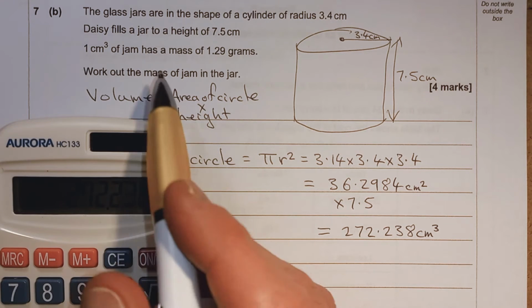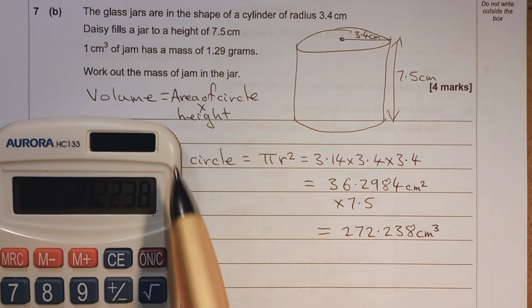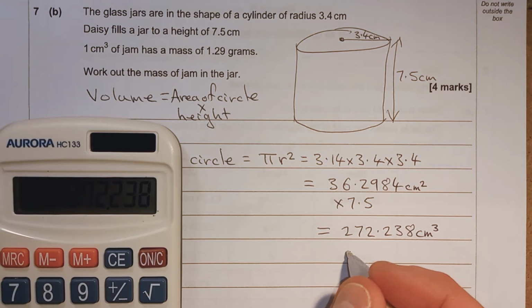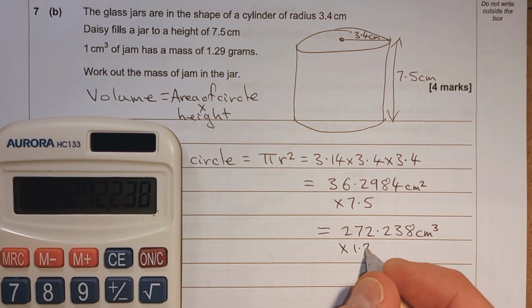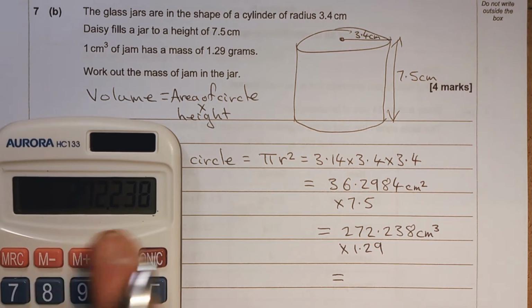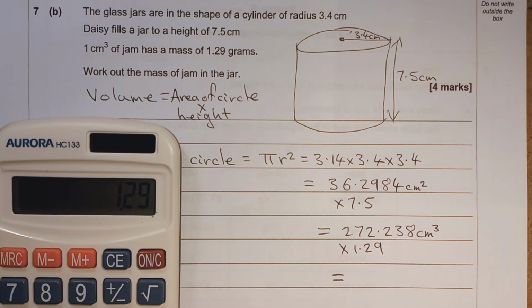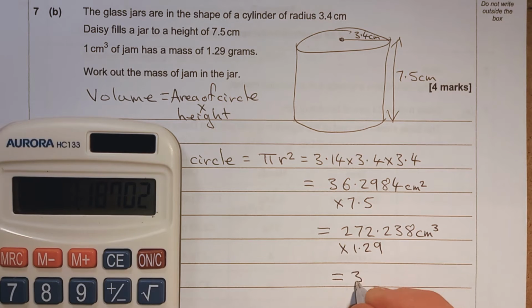Now, for each centimetre cubed, the jam has a mass of 1.29 grams. So we now want to multiply that by 1.29. And I've just left it all in my calculator, so I don't have to keep typing these things in. 1.29, and we get 351 point.